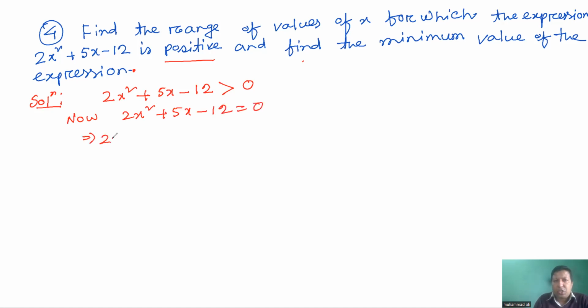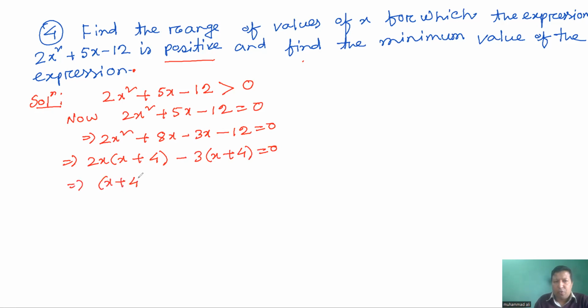Do factorization: 2x squared plus 8x minus 3x minus 12 equals 0. Take 2x common, so (x + 4), minus 3 common, (x + 4) equals 0. (x + 4)(2x - 3) equals 0. Therefore, x equals -4 or x equals 3/2.